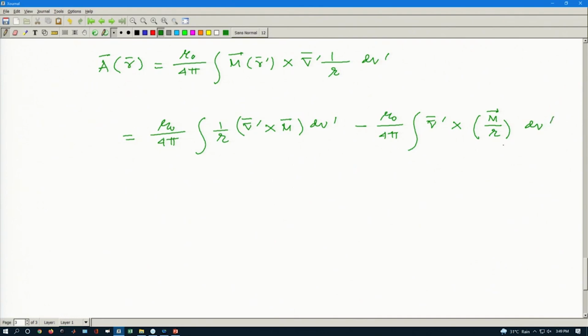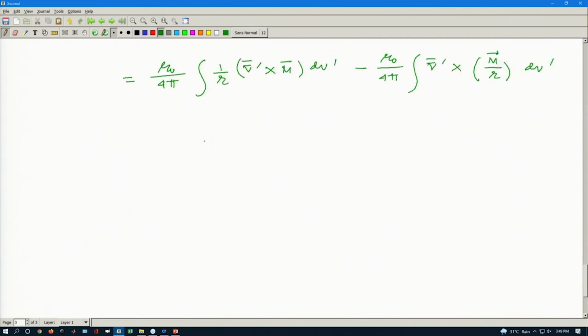If I expand this quantity, then I will get this term plus this term, so this term is this minus this. So, I simply write that here.